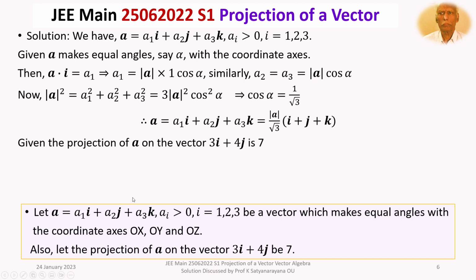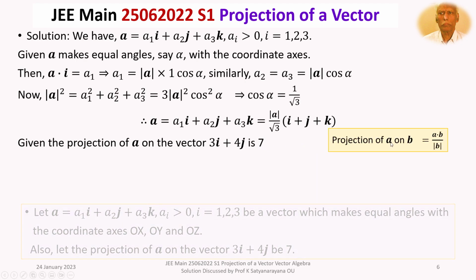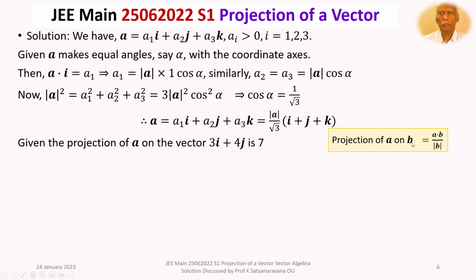We are given the projection of this vector A on the vector 3i plus 4j is 7. We recall the projection of a vector A on a vector B is given by A dot B by mod B. Here in our case B is 3i plus 4j, and this implies the projection is A dot 3i plus 4j by mod of 3i plus 4j, equal to 7.